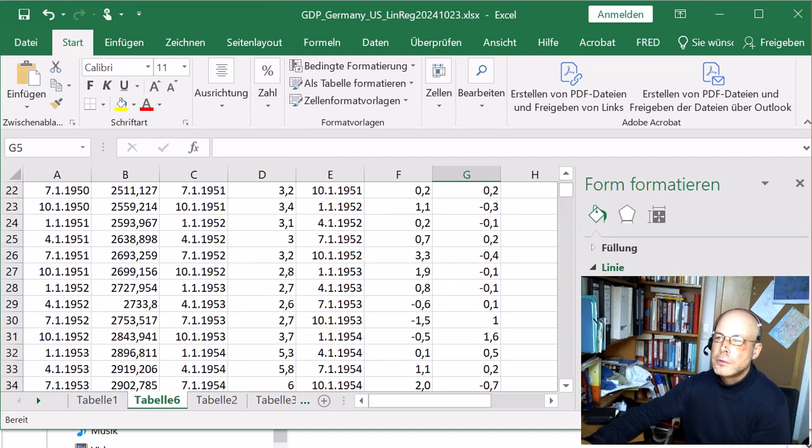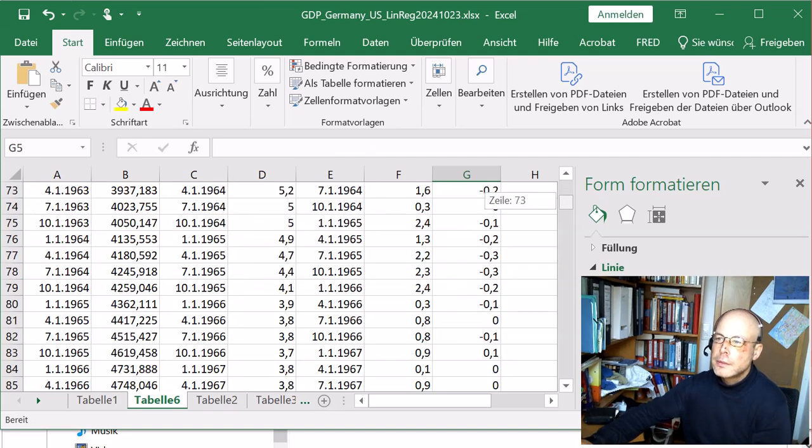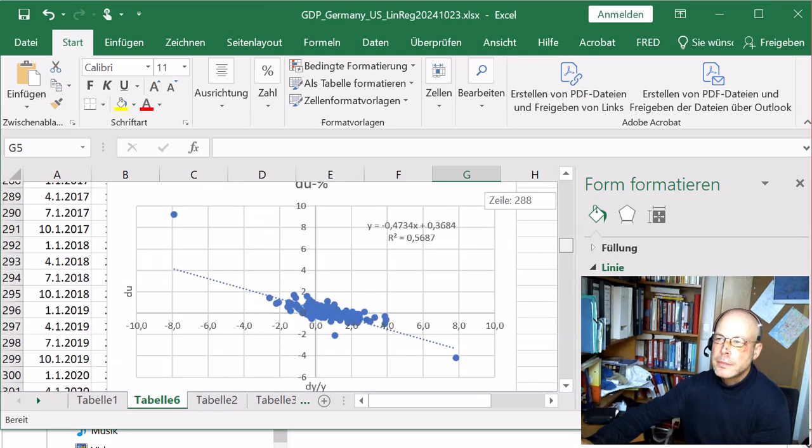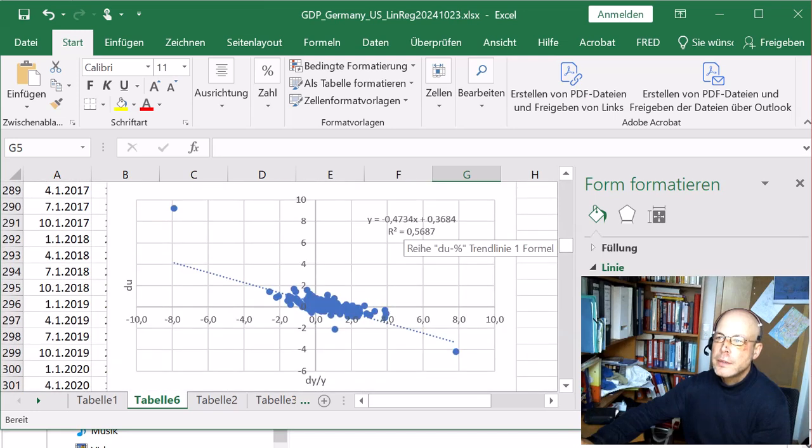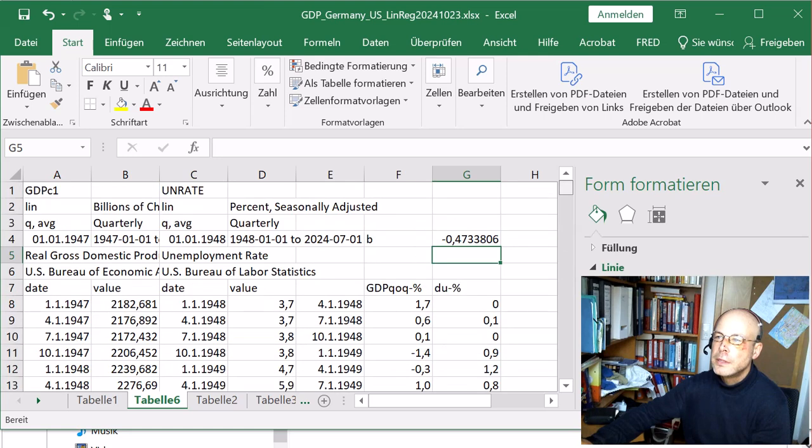Minus 0.4. Hopefully this is the same. Let's check it. Yes, here we have also the minus 0.4.